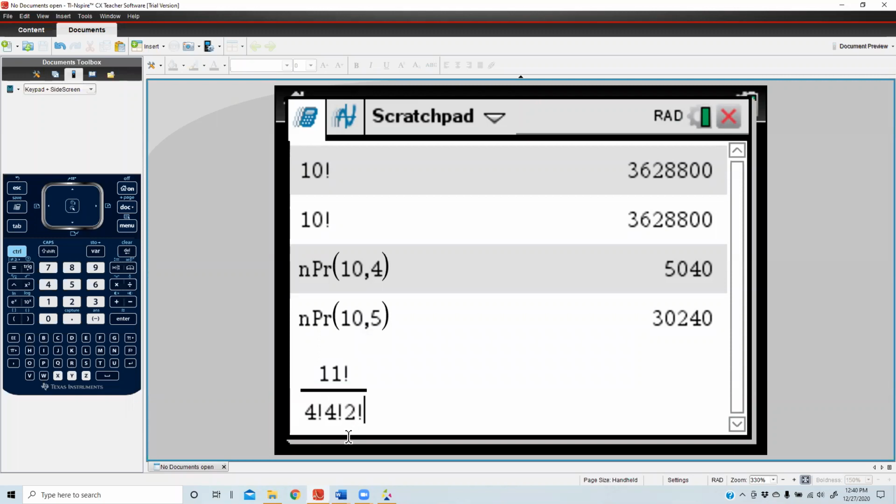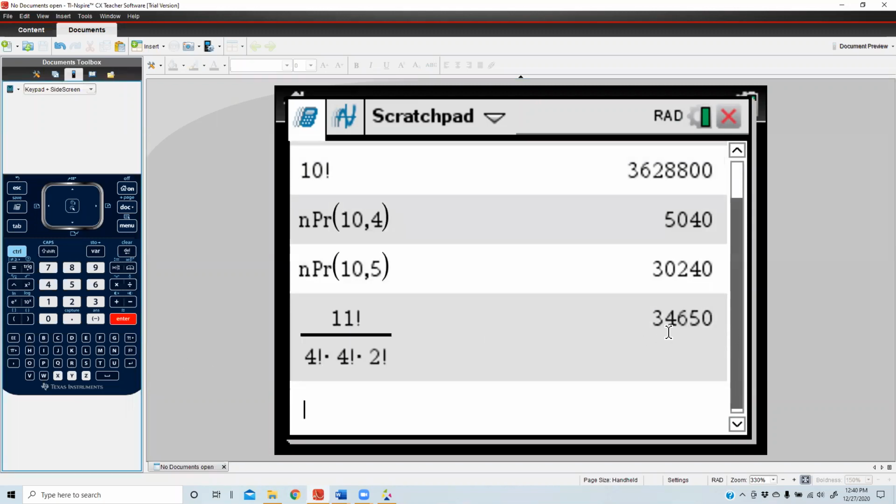There's 2 less button pushes doing it this way than the menu probability factorial. Okay, so we do it. Our answer is 34,650.